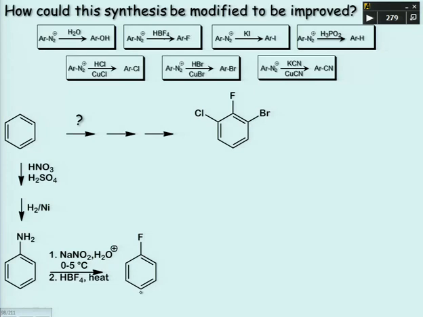And so, well, let's go back to this guy here. How do we make a diazonium salt? Do you remember how you make those diazonium salts? What is the first thing you're going to do to fluorobenzene to ultimately end up with a diazonium salt? You have to make it NH2, and then you have to introduce NO2.